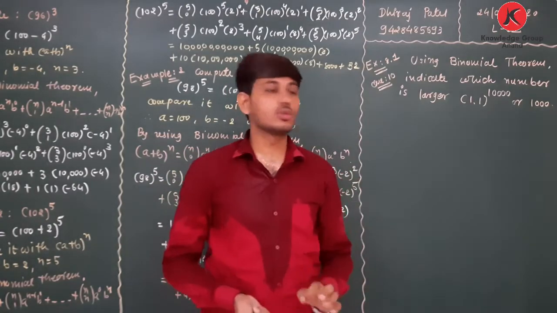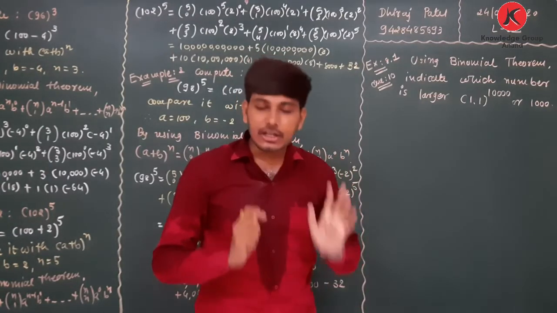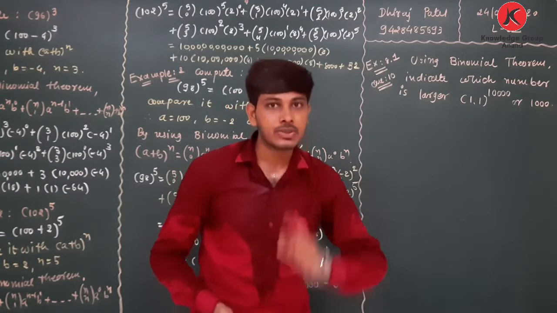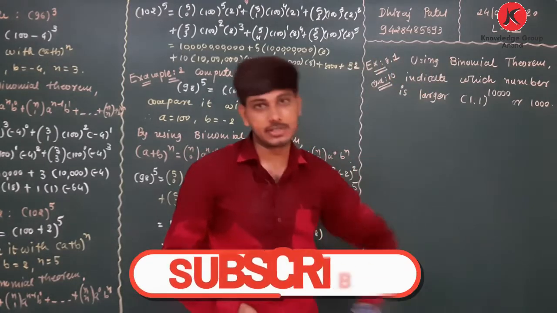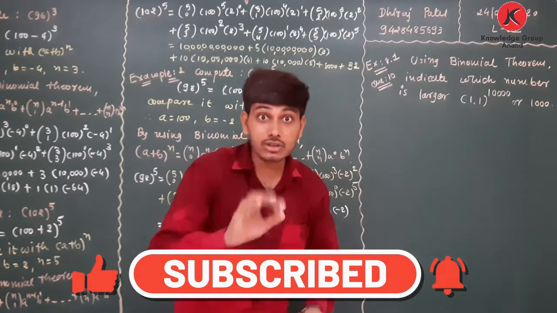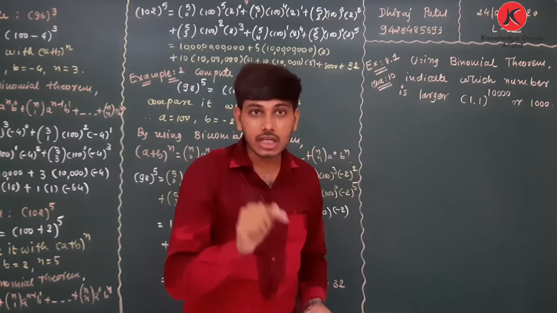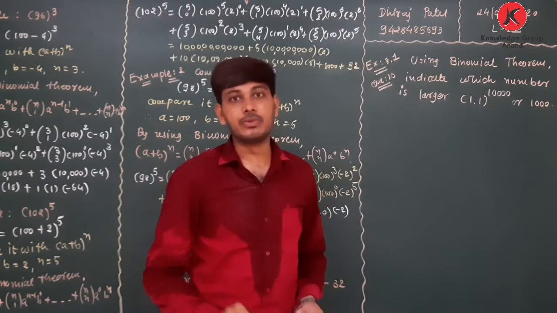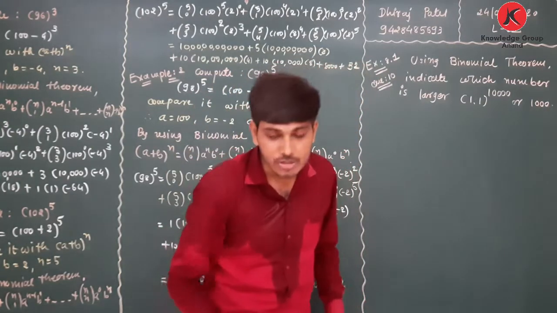If we want to calculate 1.1 raised to 10,000, therefore by use of calculator we have to multiply 1.1 by 10,000 times. हमको क्या करना पड़ेगा? 1.1 को 10,000 टाइम मल्टीप्लाई करना पड़ेगा. कैलकुलेटर में 10,000 टाइम मल्टीप्लिकेशन का सिंबल दबाना पड़ेगा. Then we can obtain the value of 1.1 raised to 10,000.